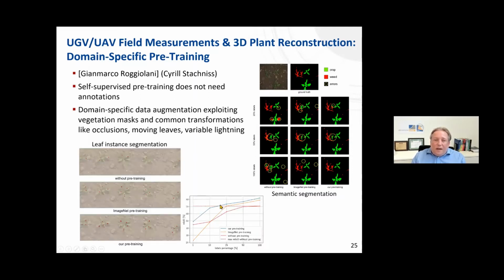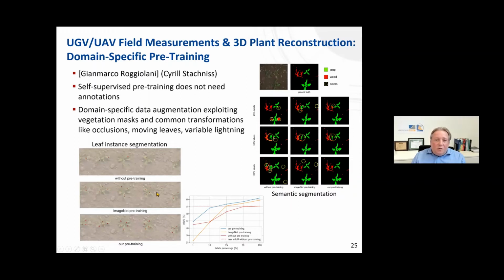Similarly, if you have a different task like leaf instance segmentation and do the pre-training, then it works better than if you don't do it, or if you do pre-training on a general image domain from the internet.